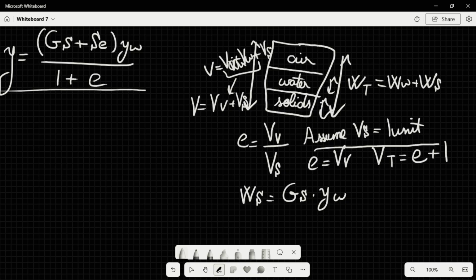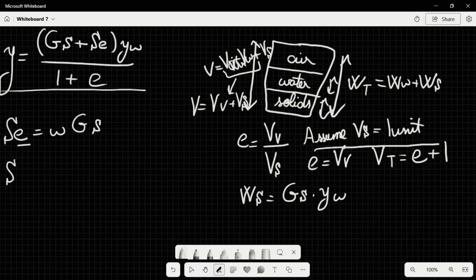Alright, so to prove this formula, we're going to use a pretty powerful identity, which is that SE is equal to W times GS. Now E, as we mentioned, is the void ratio, defined by the volume of voids over the volume of solids.